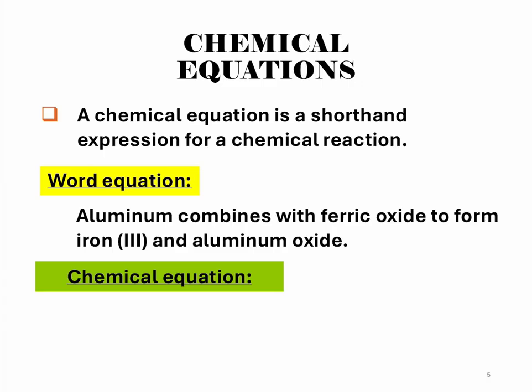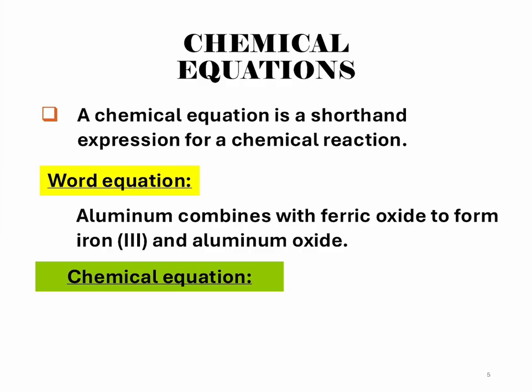For example, we have the word equation already there, I was going to come up with another one. Aluminum combines with ferric oxide to form iron 3 and aluminum oxide, right? That's what's actually happening with these different molecules as they're interacting with each other. We can represent that process with a chemical equation, right?